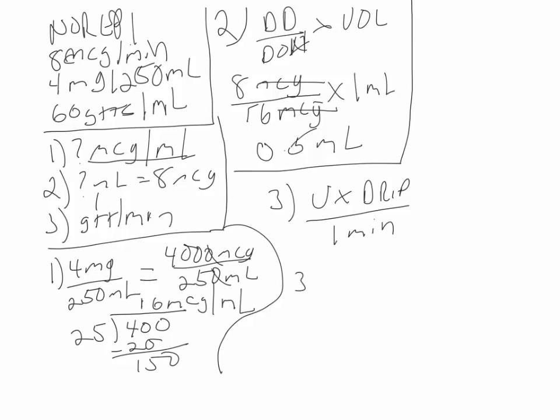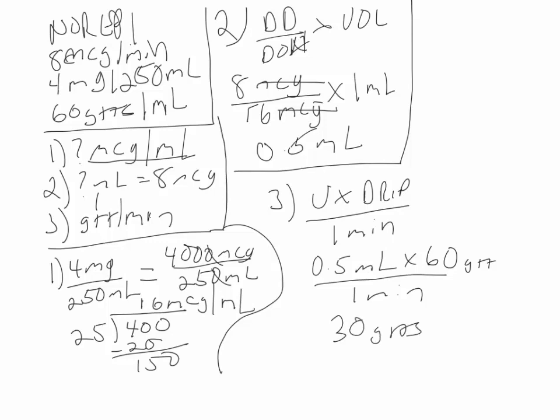So our volume, 0.5 milliliters, times 60 over 1 minute gives us 30 drops per minute.